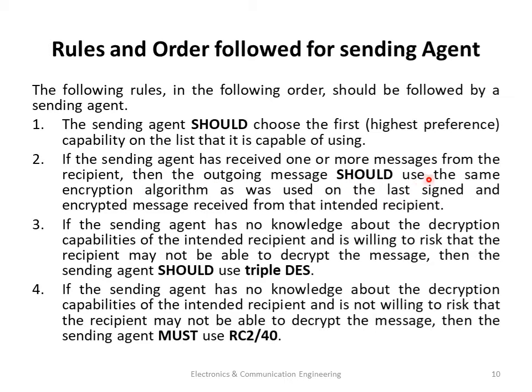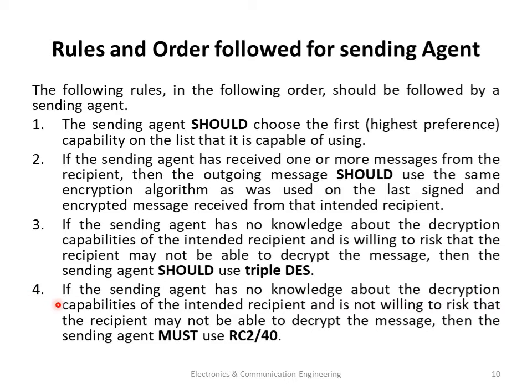Next, if the sending agent has received one or more messages from the recipient, then the outgoing message should use the same encryption algorithm as was used on the last signed and encrypted message received from that intended recipient. Third, if the sending agent has no knowledge about the decryption capabilities of the intended recipient and is willing to risk that the recipient may not be able to decrypt the message, then the sending agent should use triple DES.